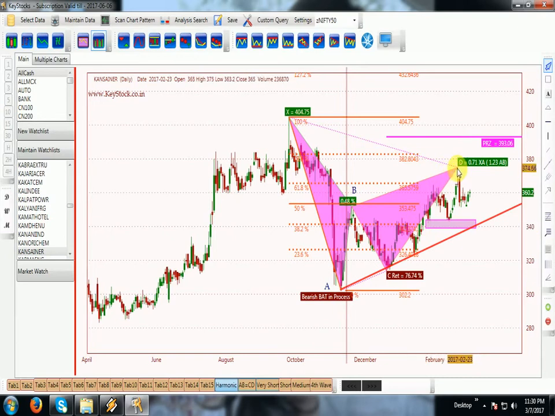But where the D point completes is the level where the harmonic pattern gets reversal. So this is the 393 level, around which there is the 88.6 retracement level. This is an advanced strategy for measuring future targets of any stock.